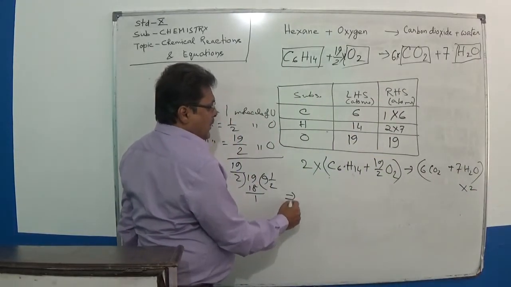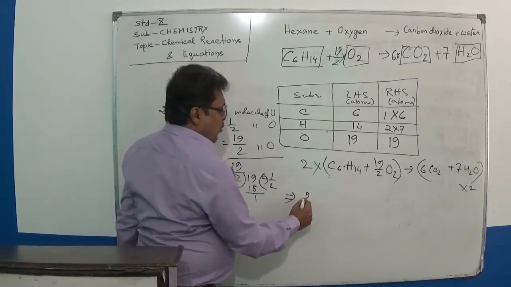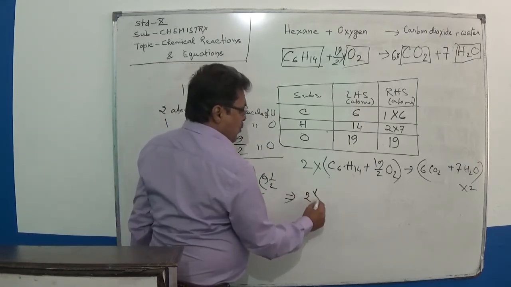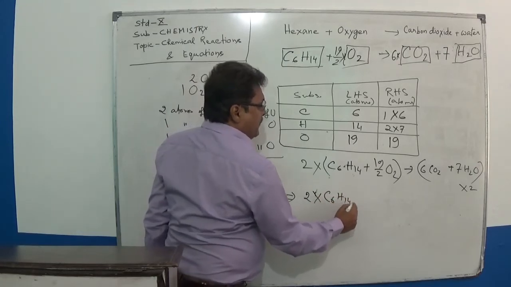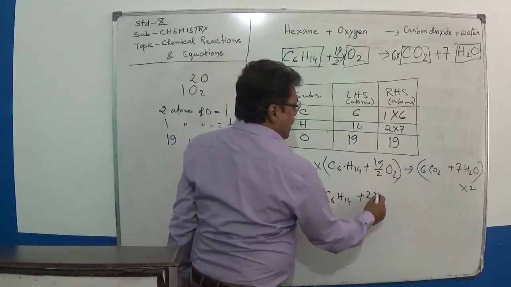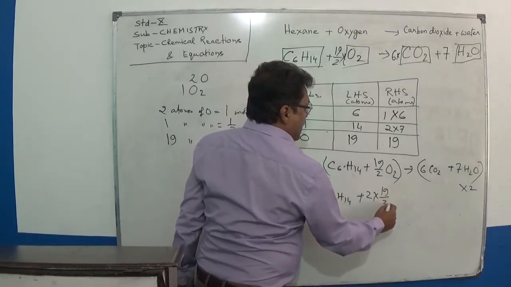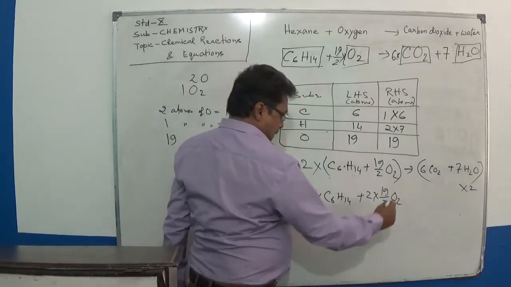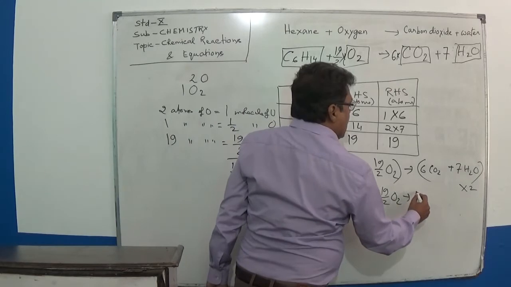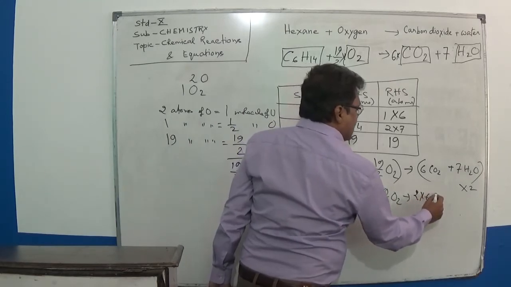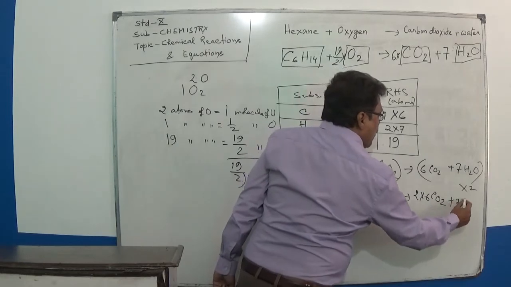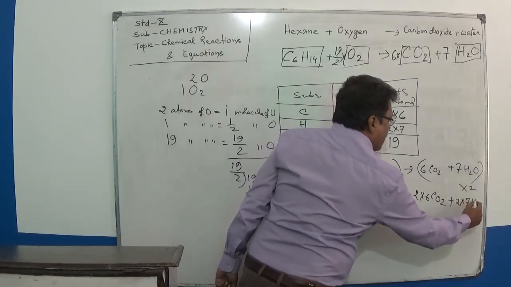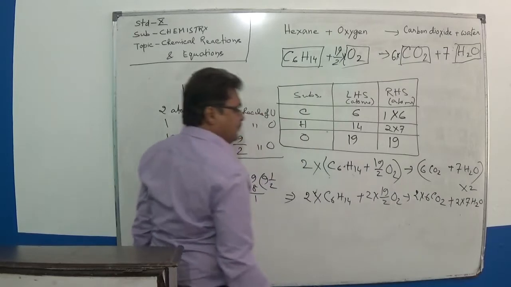What does it look like now? 2 into C6H14 plus 2 into 19 by 2 O2 leads to 2 into 6 CO2 plus 2 into 7 H2O.